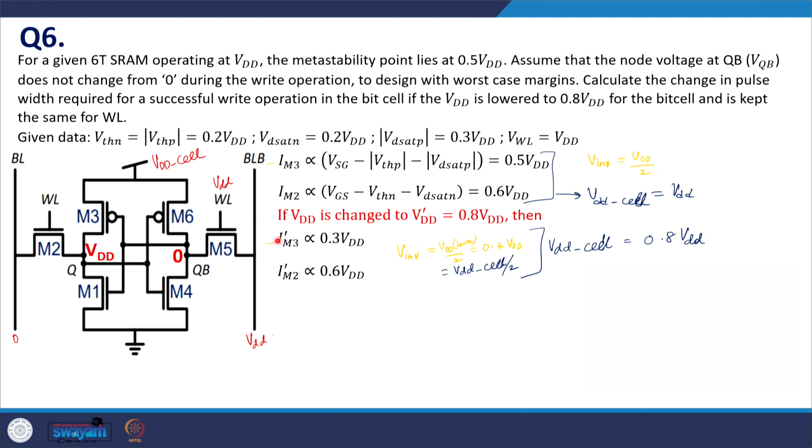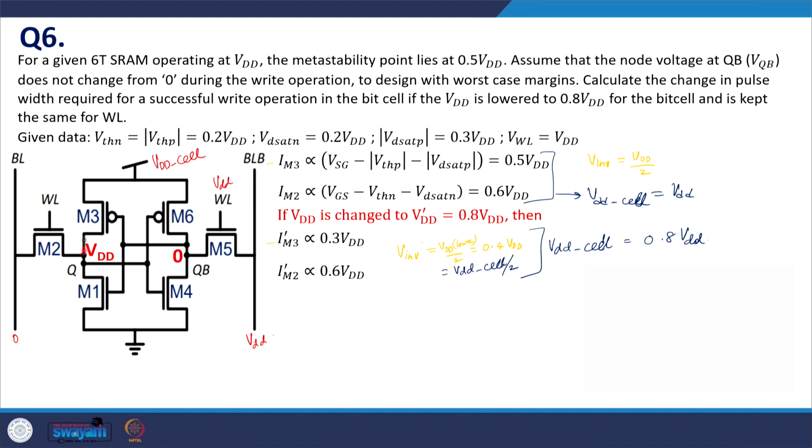So, in that case, in the worst case, when the inverter flips, you should have V inversion here. So, if you have V inversion here, which is 0.4 volts, we are assuming for the worst case that the current of this is still at 0.